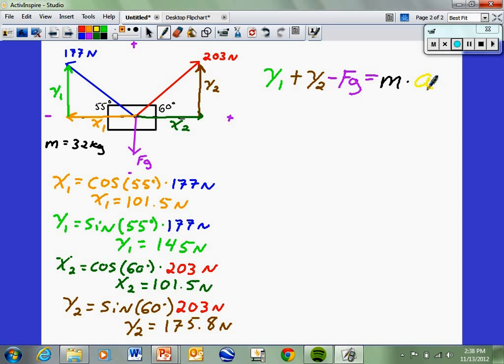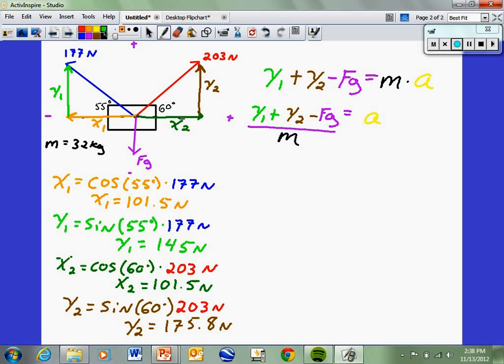Now in order to solve for the acceleration, we have to divide the mass to the other side. So we would get y1 plus y2 minus force of gravity divided by the mass, almost forgot that, and all that's going to be equal to acceleration.